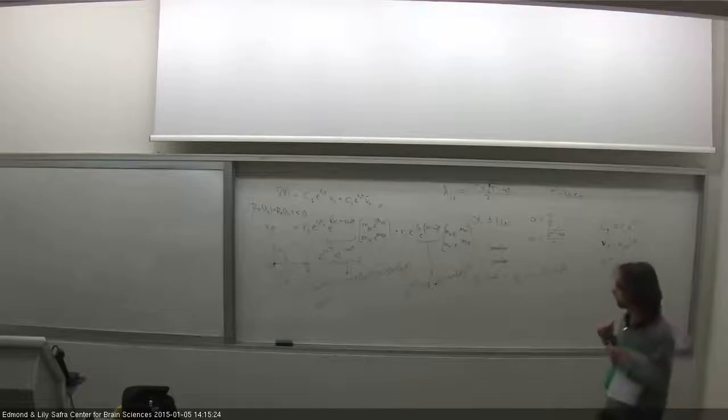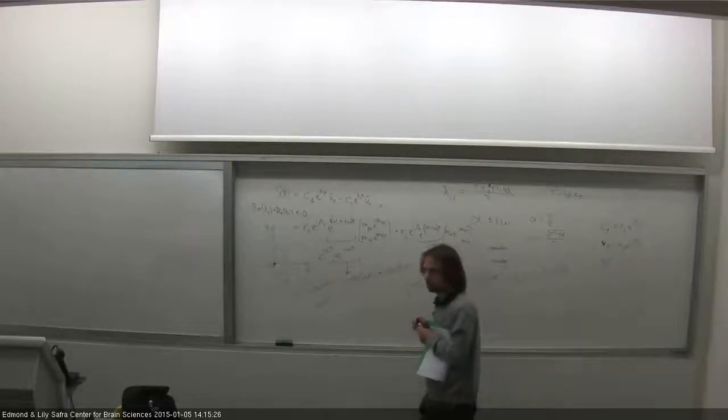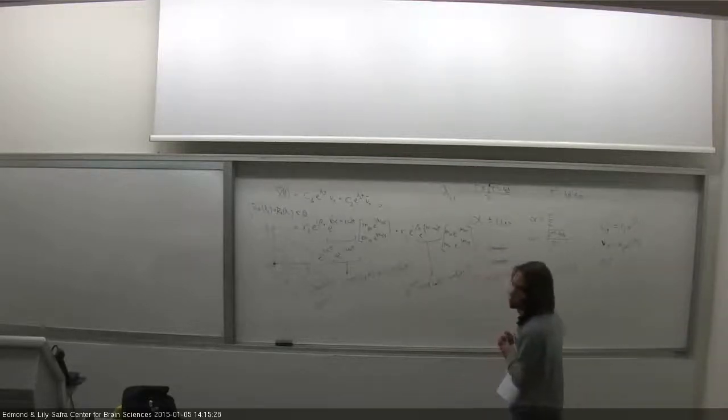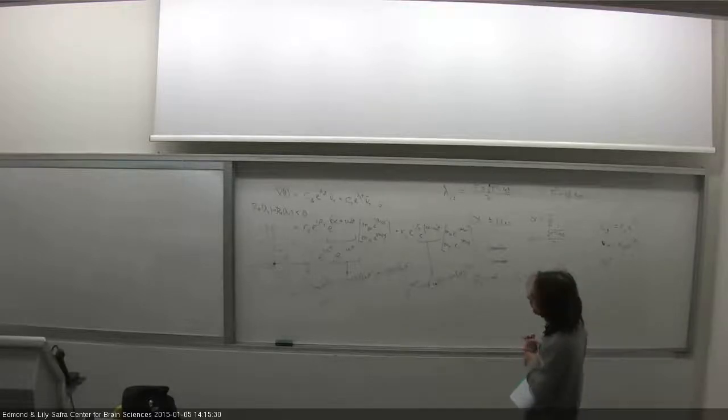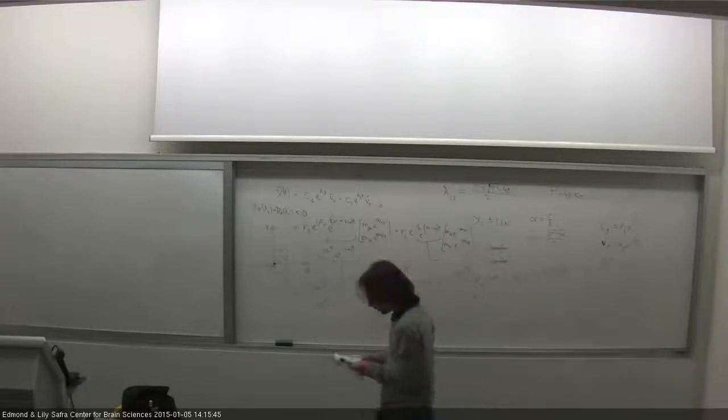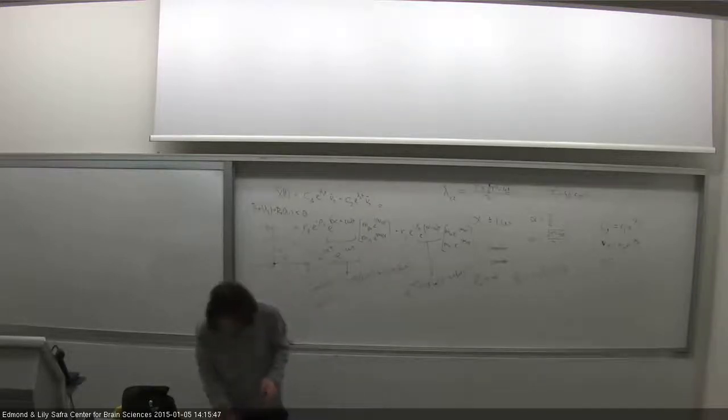Is there a general form? You said that the imaginary values disappear. So is there a general form for what happens? What will be the answer after you do all of this and you get an equation? Yeah, you can write it down. I have part of the answer here, but I won't go into it.